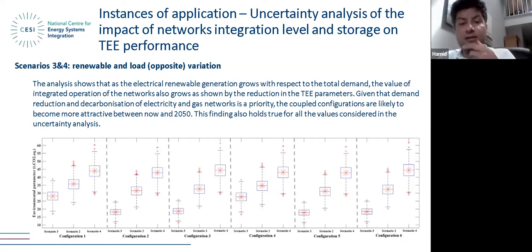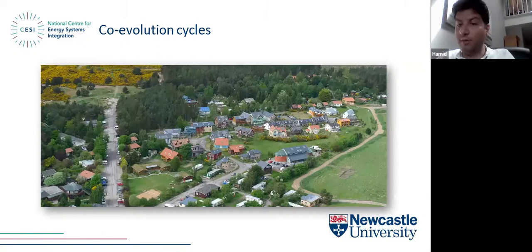Basically, if we are going to go to net zero by 2050, and at that time we have more renewable generation, then despite all the uncertainties in the networks, we need to go for more integrated operation of these energy networks. So Adib, co-evolution cycles, and yourself, if you like.